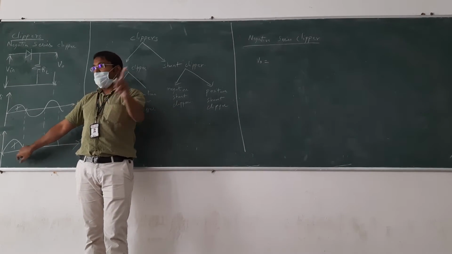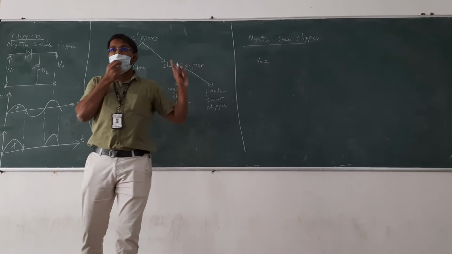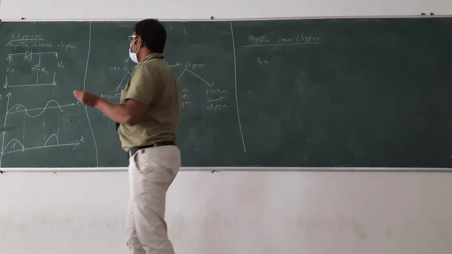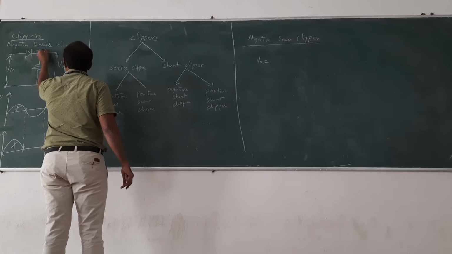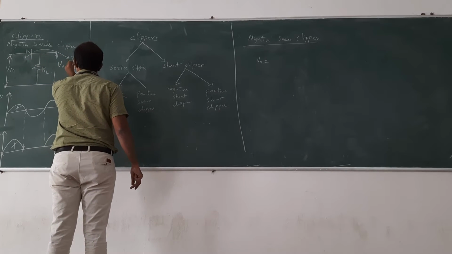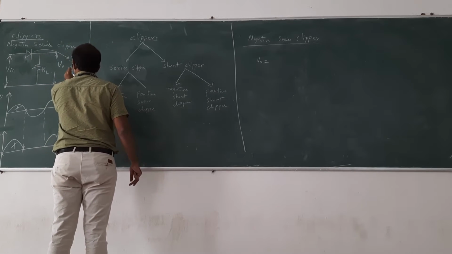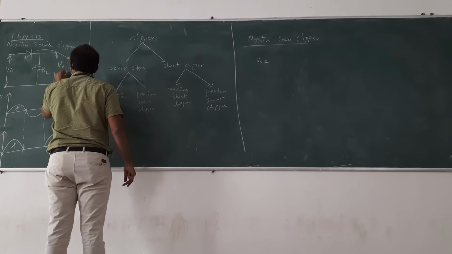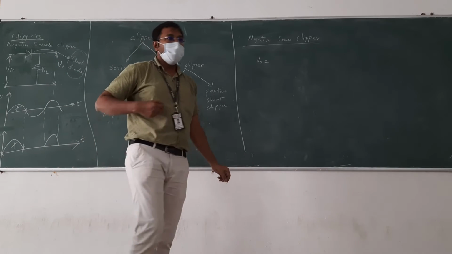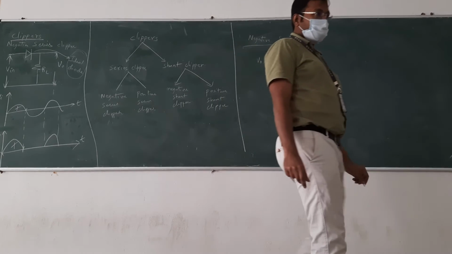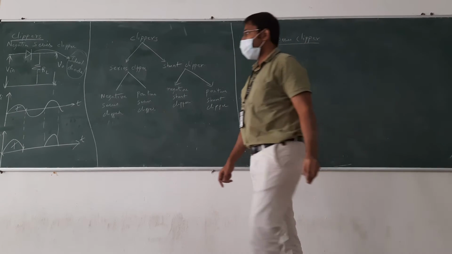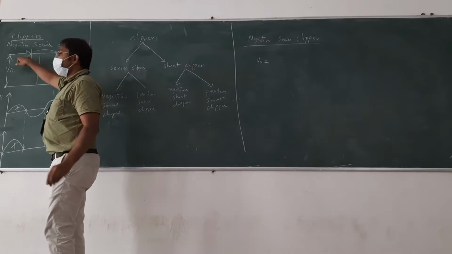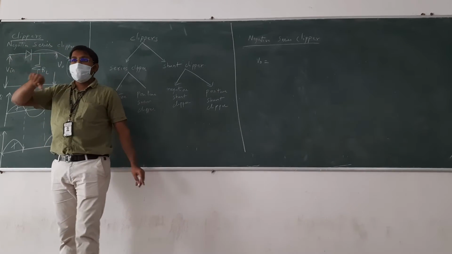Considering an ideal diode. Throughout our analysis, we will take the diode as an ideal diode. Ideal diode means when it is on, the voltage across it is 0.